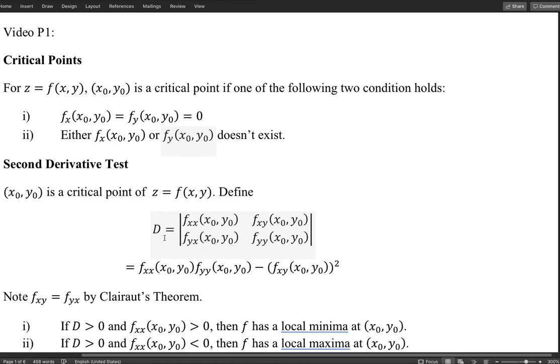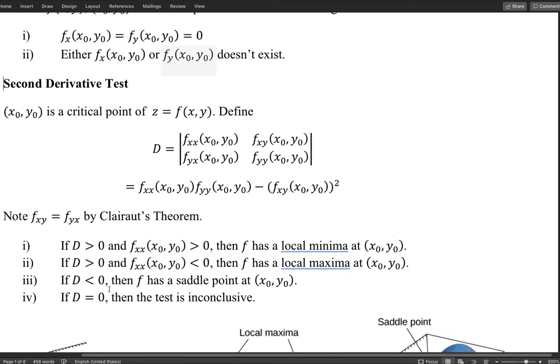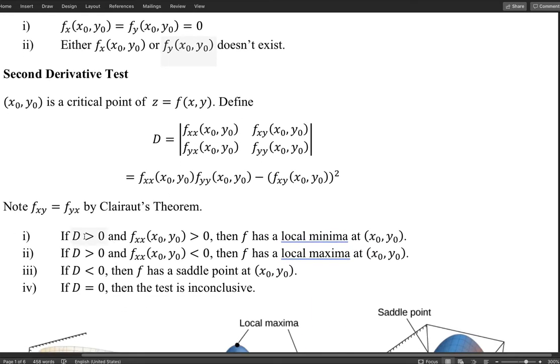And then to decide if we got a maximum, minimum, or saddle point, we look at those 4 cases. Certainly D is defined at a critical point. At different critical points, there are different Ds. Say we look at one critical point.